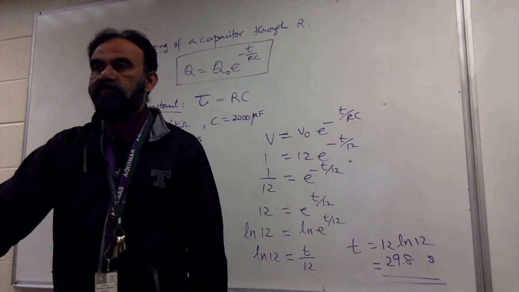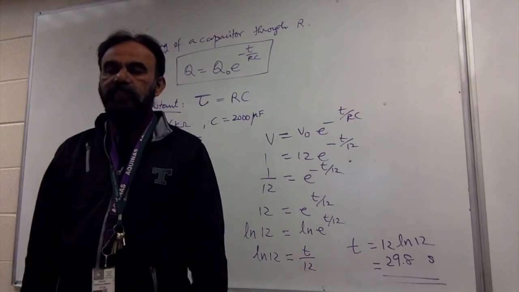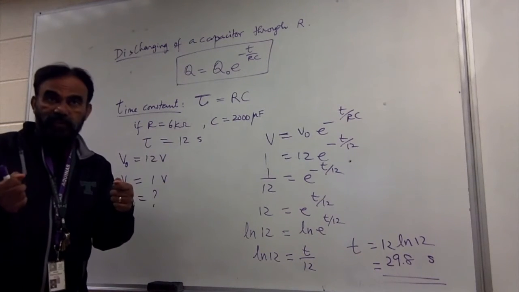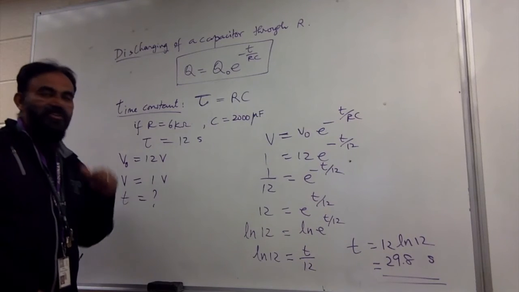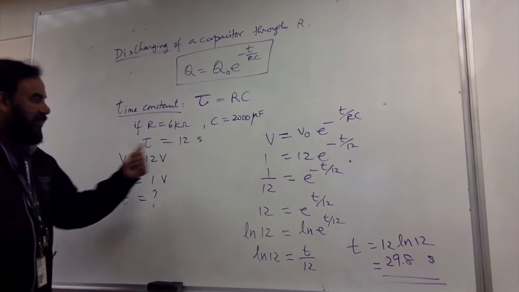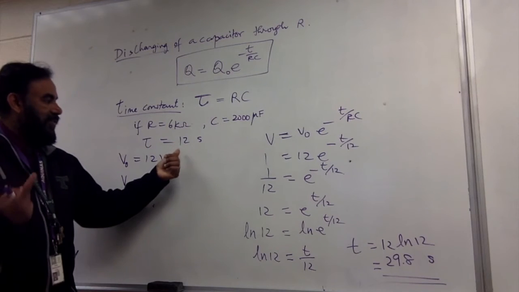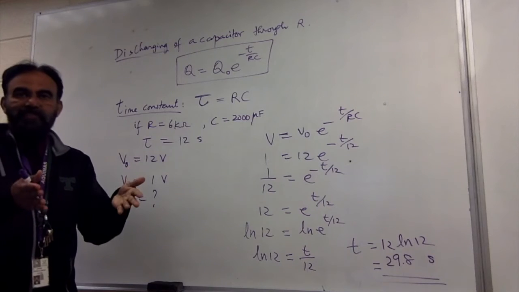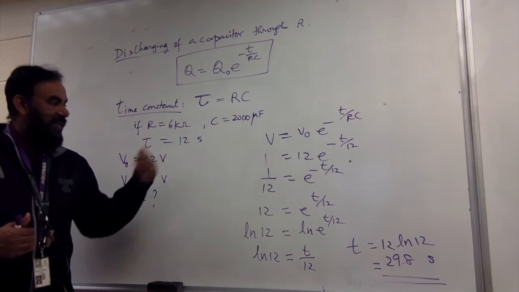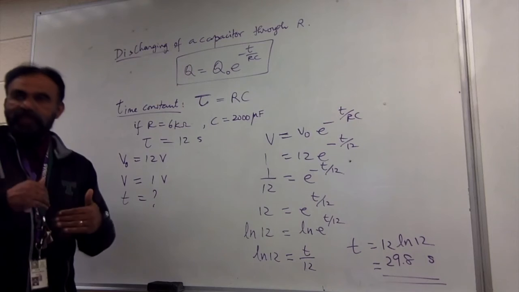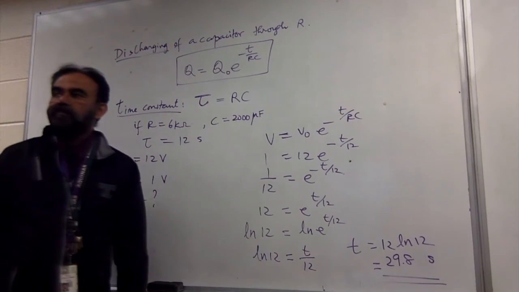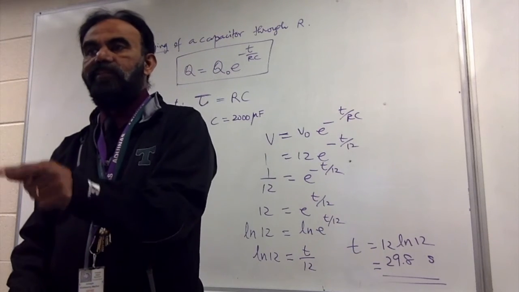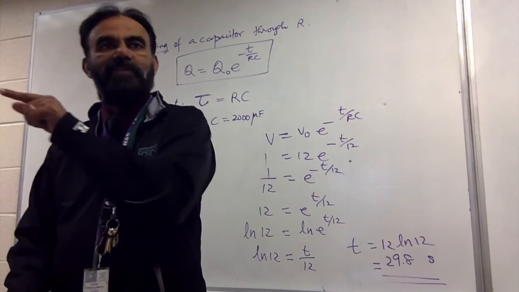If I connect the capacitor to a resistor, charge the capacitor fully to a certain voltage and let it discharge through this, after one time constant, after 12 seconds, it's going to be 63% lower than the highest voltage I gave it. After some more time, it's going to be lower than that. So the voltage will keep dropping, and you can make a circuit work until the voltage goes down to a certain value.